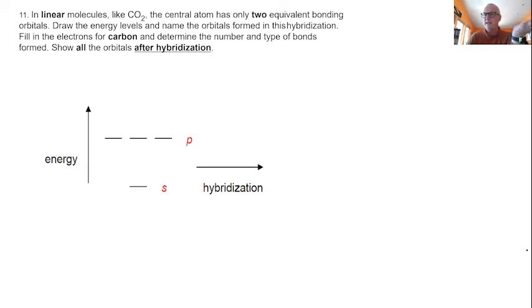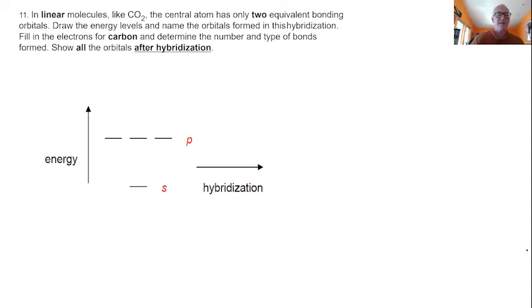But that's not what we see in molecules. We find that the bonds in a molecule have the same energy. So the only way to explain that is if somehow the s and the p orbitals merged with each other and became equal energy.